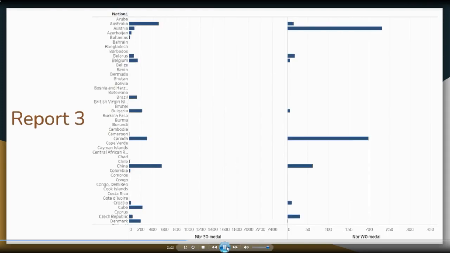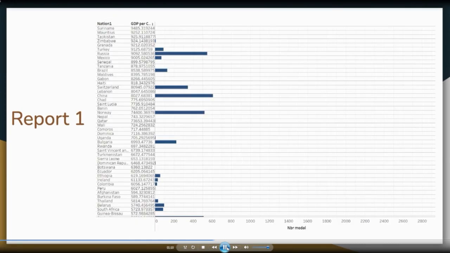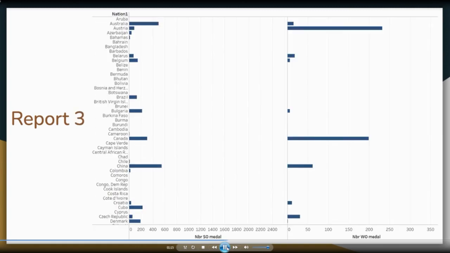The third report shows us the correlation between whether a state that wins a lot of medals in the Summer Olympics also wins a lot of medals in the Winter Olympics, and in this case there isn't a real correlation, but we can see that the states that win few medals in the summer sometimes win a lot of medals in the Winter Olympics, for example the Nordic states.